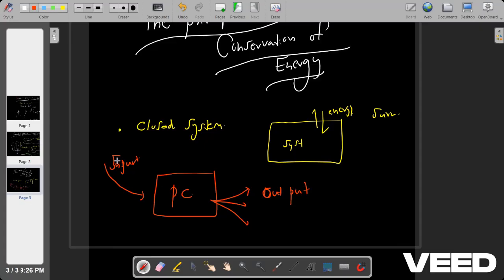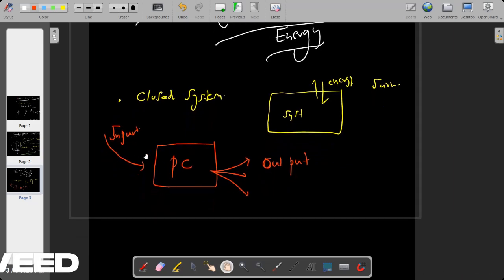So energy is put in and energy is released as the output. The same energy we inserted is equal to the energy released. So it's a conservation of energy.